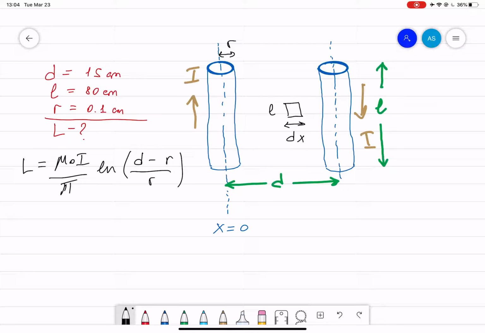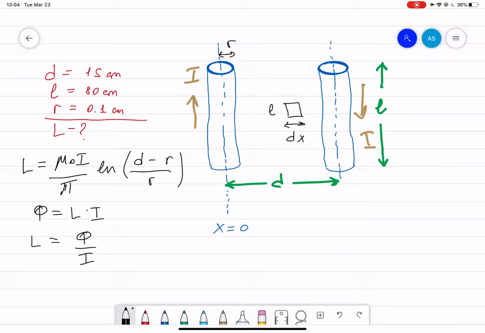Before moving on, I think we have to clarify a few formulas that we're going to use. Basically we have the formula where flux is equal to L times I, so L is flux divided by current. The current is not given, so we have to somehow get rid of it. Flux is also not given, so we have to find the flux.